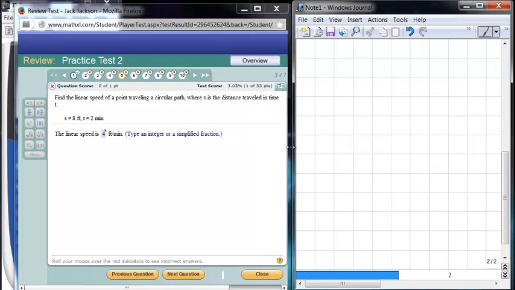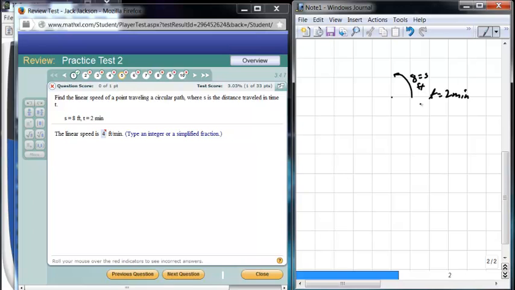So s is the actual length traveled around the path in time t. Here's the center of a circle, and we're traveling around this way. And s equals 8 feet, and it does it in t equals 2 minutes.